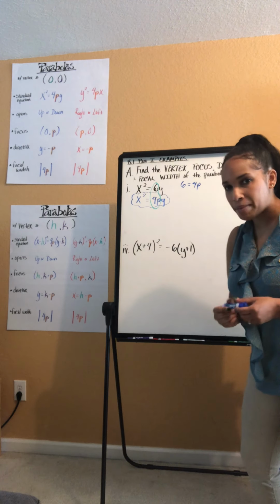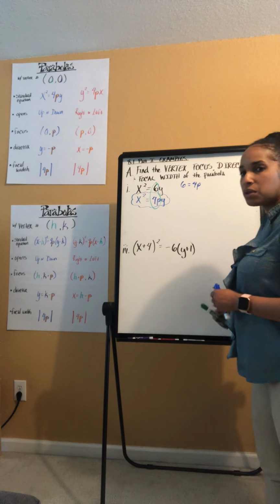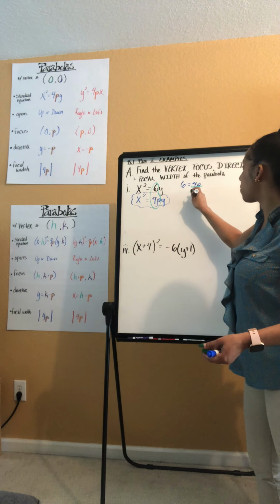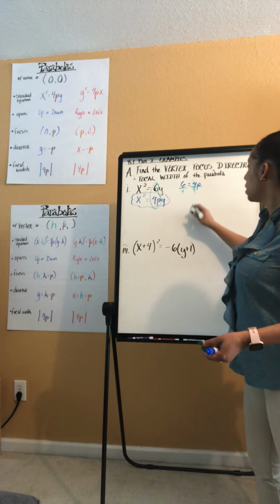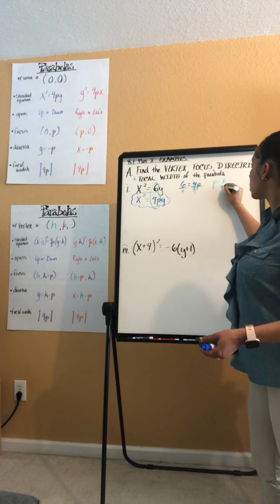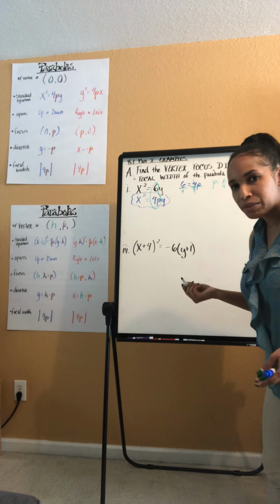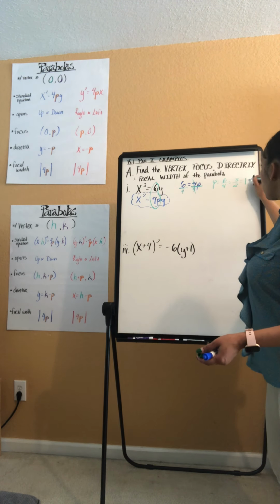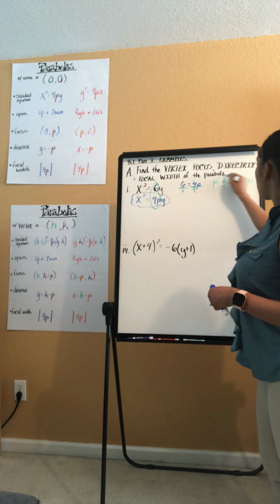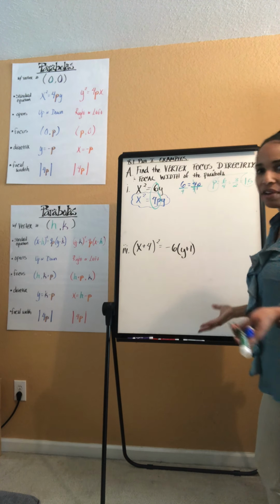I always need to find my p in order to find the rest of the stuff. So if 6 equals 4 times p, if I want p all alone, I would divide by 4, right? So p is 6 over 4, or we could reduce that and call it 3 over 2, or if you like decimals, we can call it 1.5. Whatever is fine with me. All right, so let's say that p is 1.5.